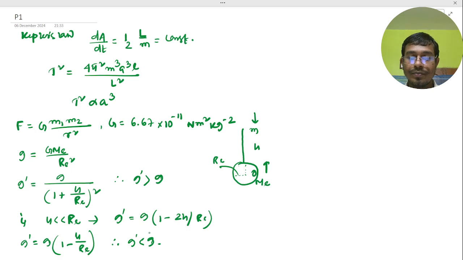Now go ahead, the next, gravitational potential and field.